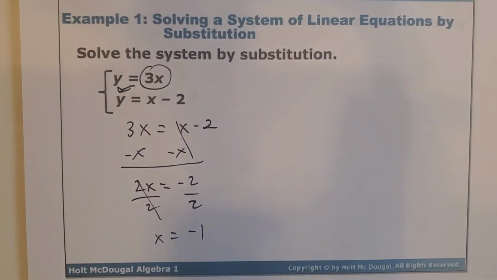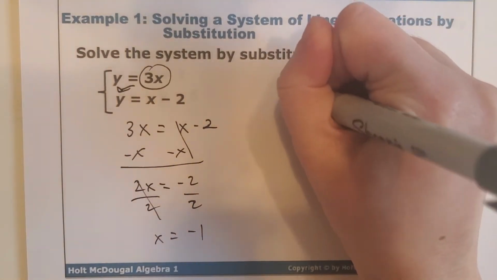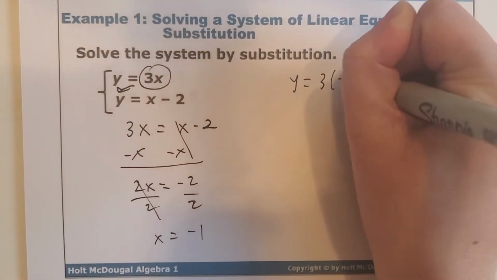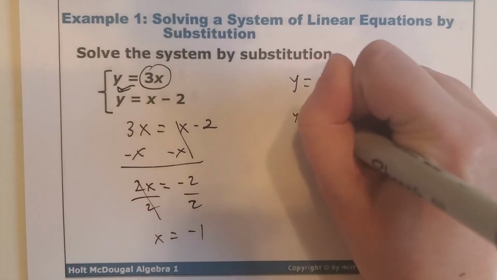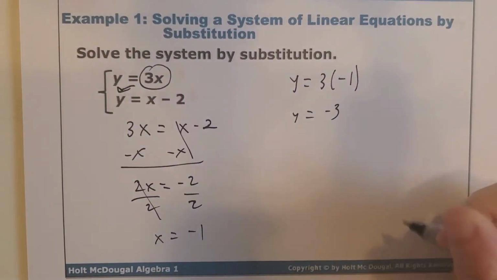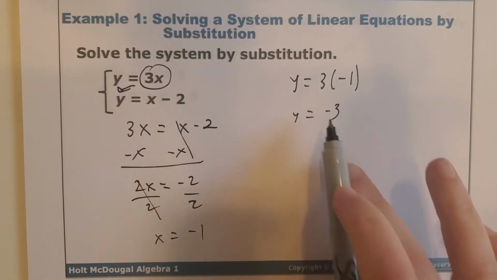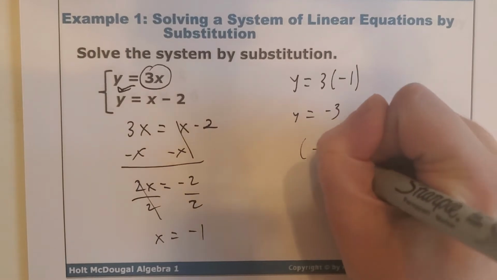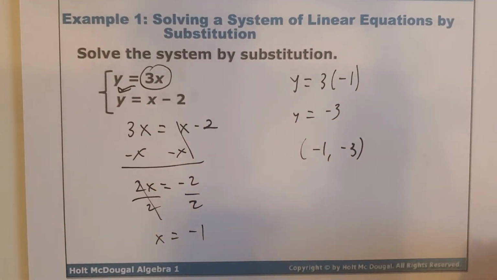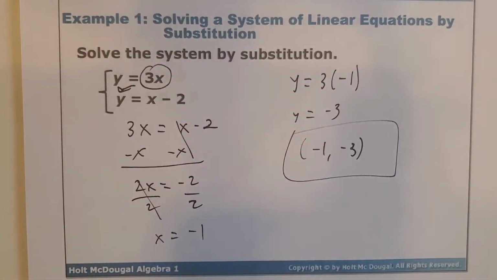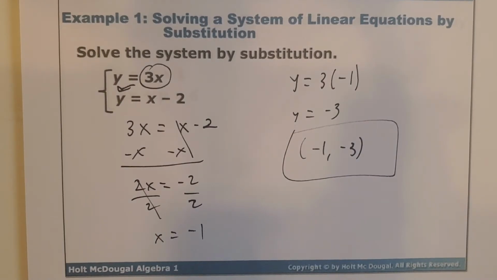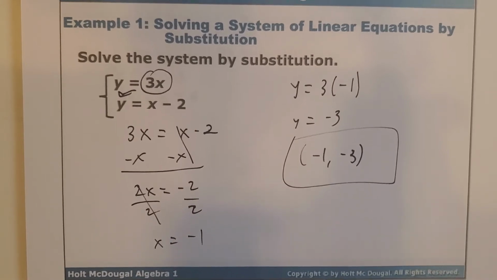So I'm going to pick the first one. Again, it doesn't matter. And I'm going to say y is equal to 3 times -1. So y is equal to -3. So there's my x, there's my y, which means my ordered pair is (-1, -3). And that is the answer to the system, or the solution to the system.